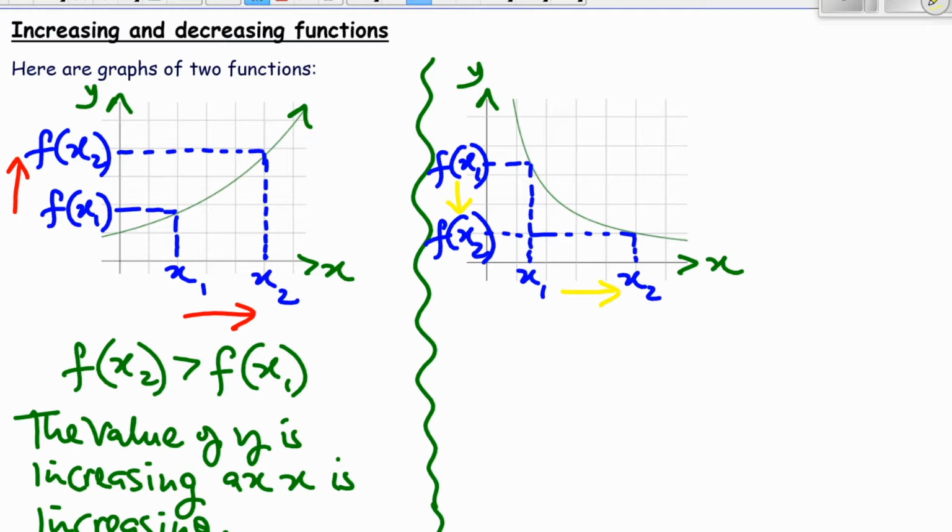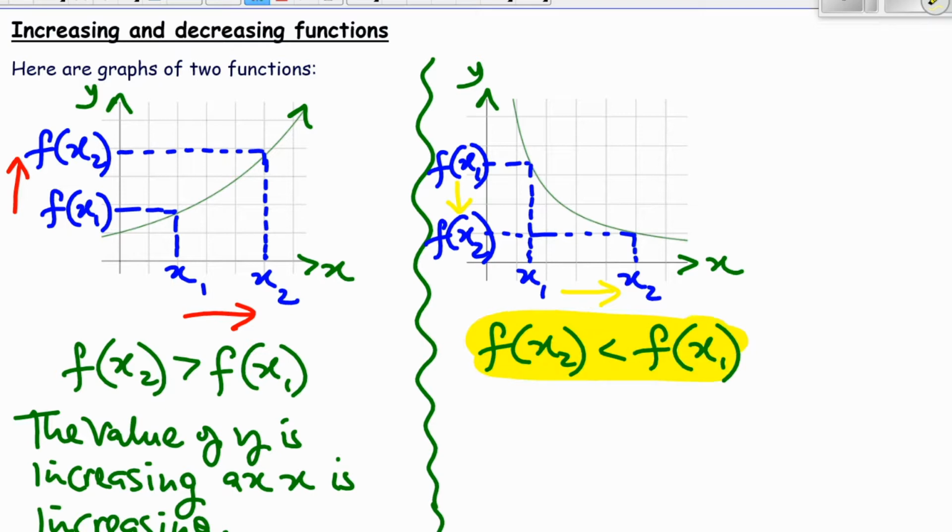So we can write that statement as this: f(x2) is less than f(x1). And you can see the relationship between these two statements, and it's because one function is increasing and another function is decreasing.